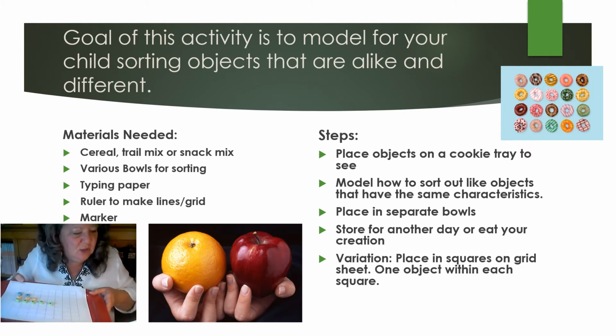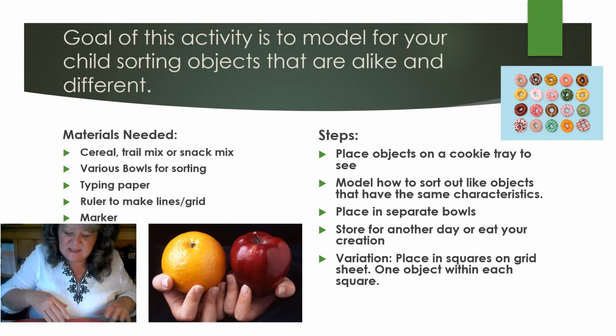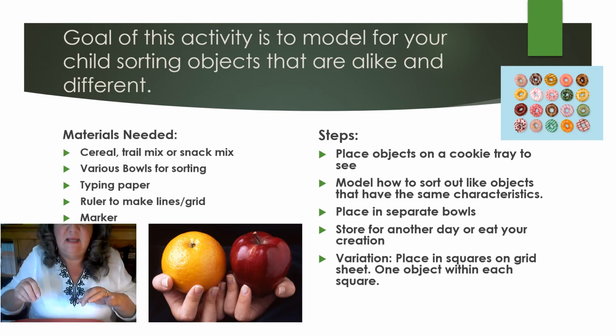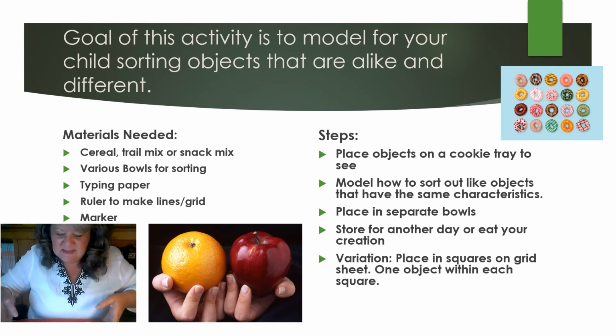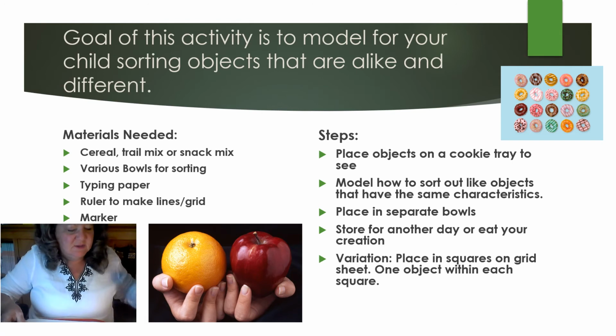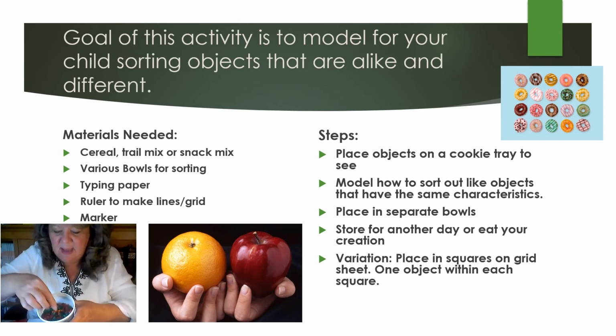All right, so you will continue on with separating those things out, making lines or filling in each of the grid with its one-to-one correspondence, one piece of cereal in one square. So cereal could be something that could be used, or you could try something else. Also at the grocery store, you can find different shapes of macaroni.